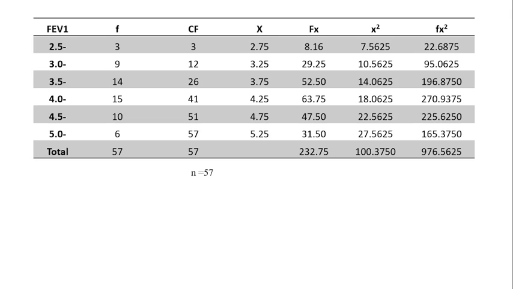To find the variance, the mean and the standard deviation, you group the data like this. You take the frequencies, you take the cumulative frequency, you take the frequency times the x values. For the x value, you take the midpoint.